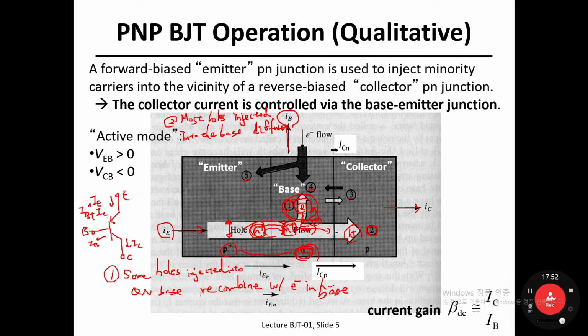Most of the holes are injected into the base, and most of them can diffuse toward the collector junction. The collector junction means this part, the depletion layer in this second PN diode. Okay, collector junction, depletion region.